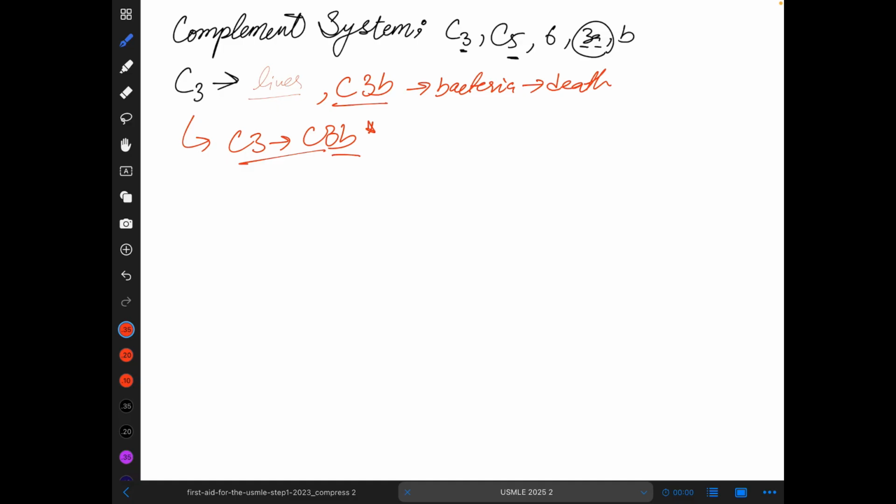C3 is going to be activated into C3b and then it will cause the death of bacteria. They also use one component called MAC, the membrane attack complex. And guys, it's very hard to remember all the complement systems, so only remember this part: the complement system is simply the conversion of C3 into C3b.